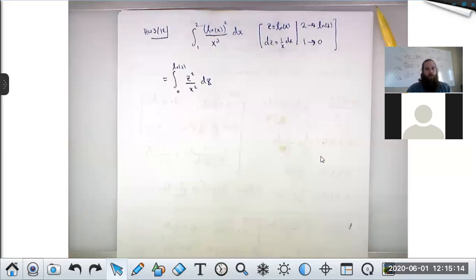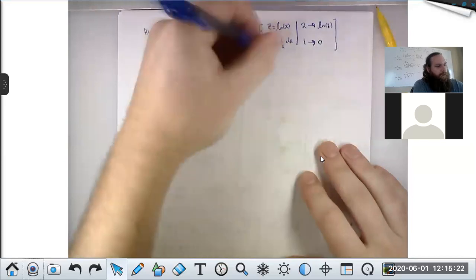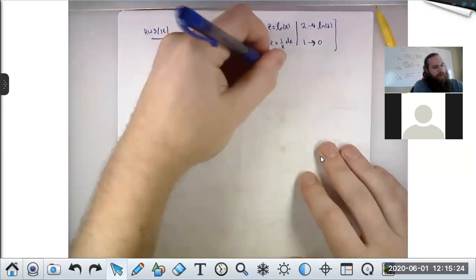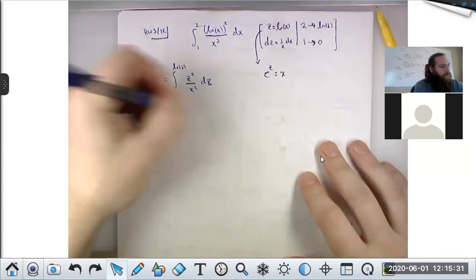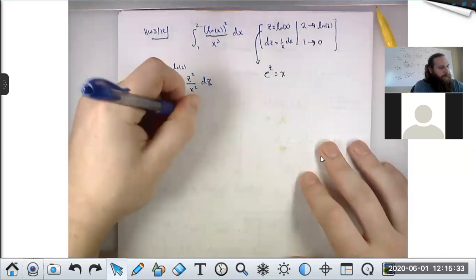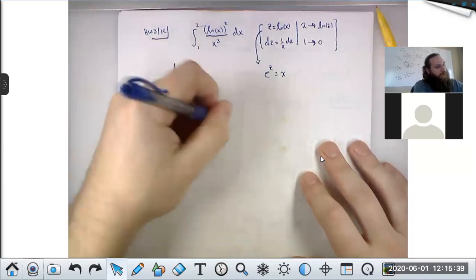So I've absorbed one of the 1 over x's into my dz. And now if I take this guy and I solve him for x, you see that e to the z is x. So I could write this as the integral from 0 to the natural log of 2 of z squared over e to the z squared dz.